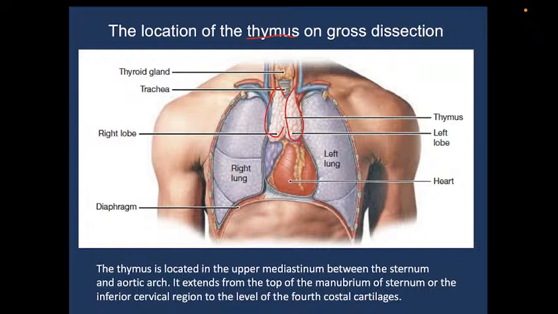And it is located between the sternum, this is a flat bone on the anterior side of the body, and the aortic arch, part of the main anterior vessels in the upper mediastinum. This place where we could see thymus is called mediastinum. This is a space between the lungs in the chest.